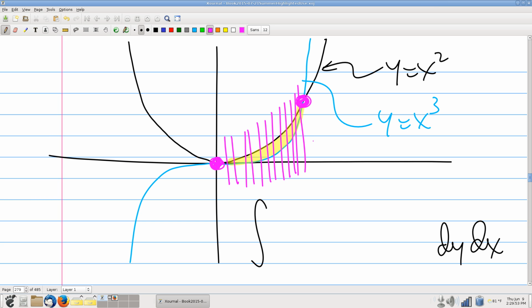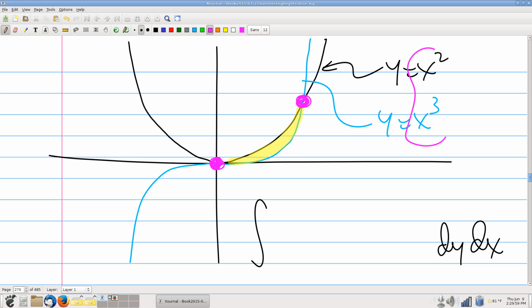These are points where the two curves intersect, so these are points where x cubed is equal to x squared. Said differently, x squared times (x minus 1) is equal to 0, and that's true at 0 and 1.